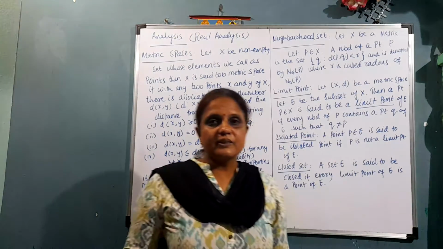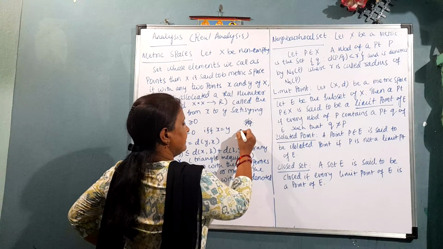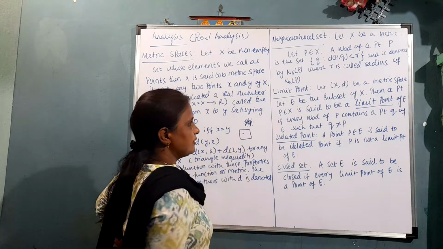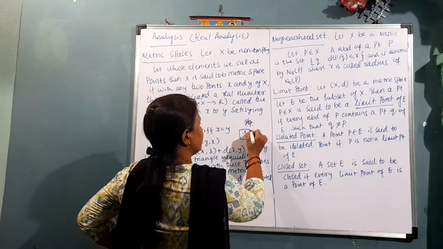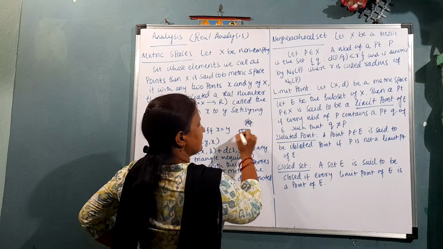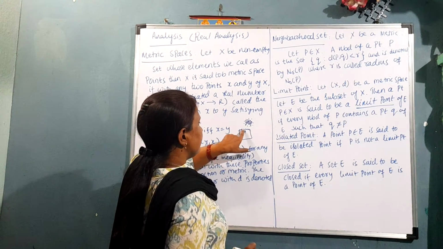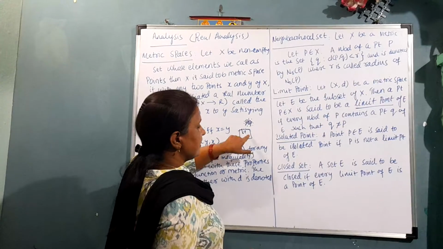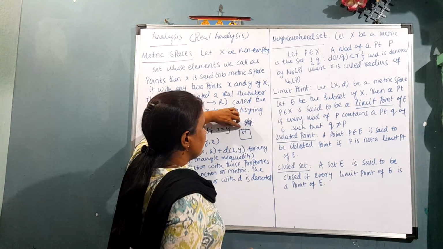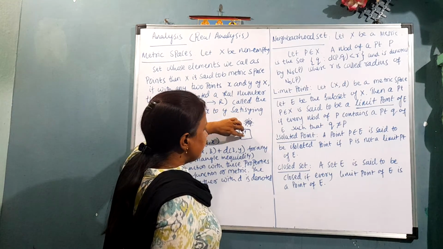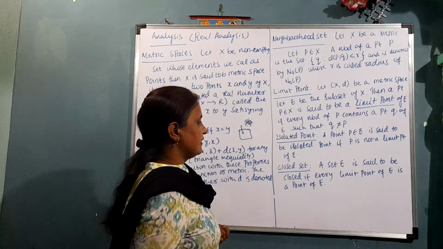Here, suppose we are having one set E, and P is a point within this, so it will be having certain points with certain distance. These points may be present in the set or may not be present, but if every neighborhood of that point is present in E, then such a point is called a limit point.